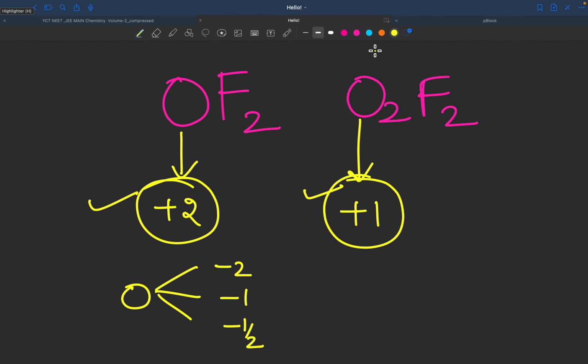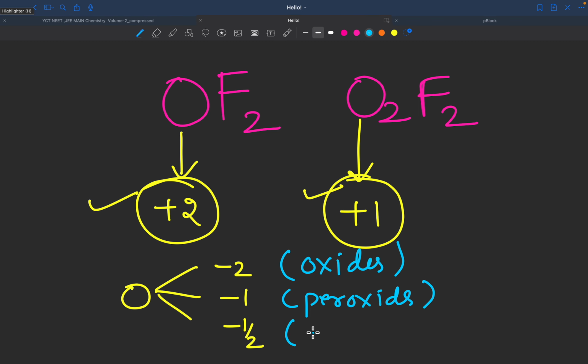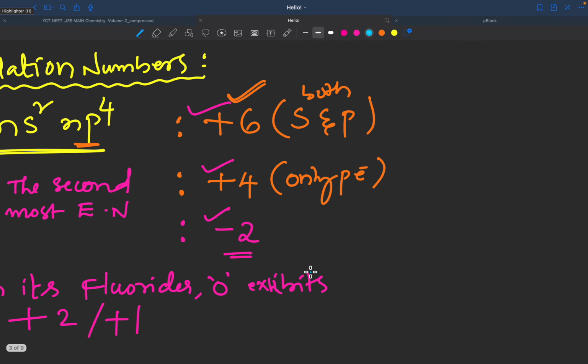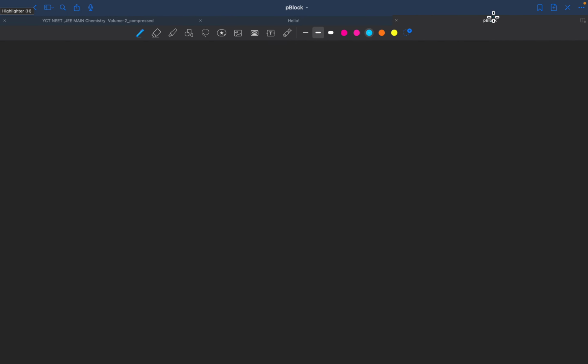Minus 2 is possible in oxides, minus 1 is possible in peroxides, and minus half is possible in superoxides. So these are the oxides and their oxidation numbers, which we should remember.